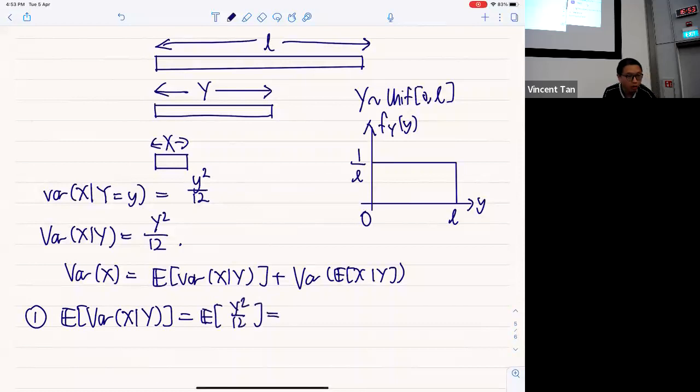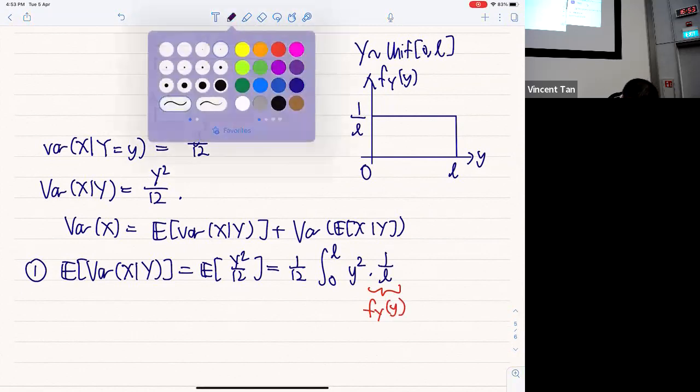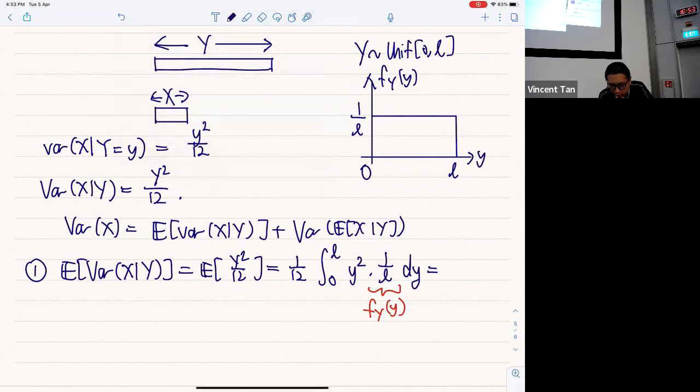We can use the same old formula for computing the expectation of some function of Y. We integrate from 0 to L of this times 1 over L, the density of Y, times y squared, and then you need to put dy here. Now, if I integrate this in my head, very fast, what do I get? I get L squared over 36. I can see this.